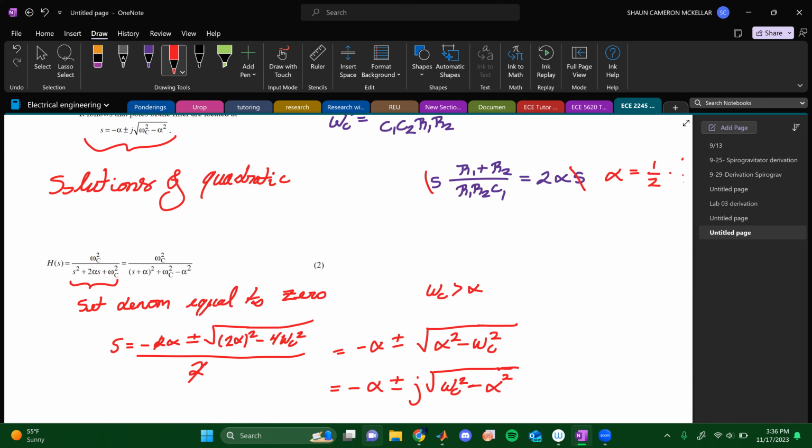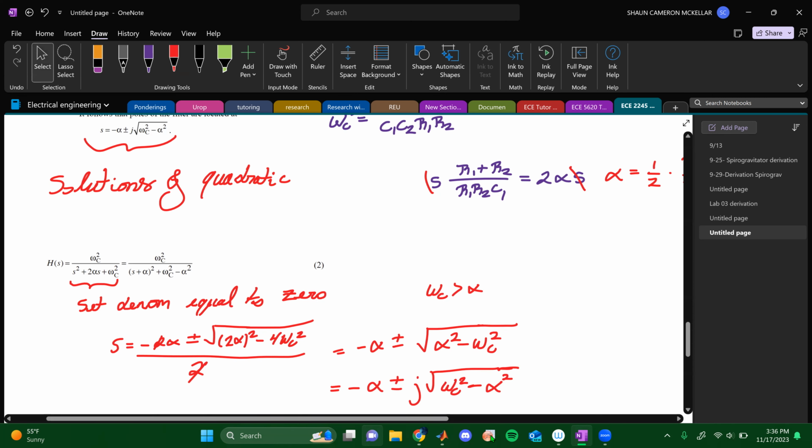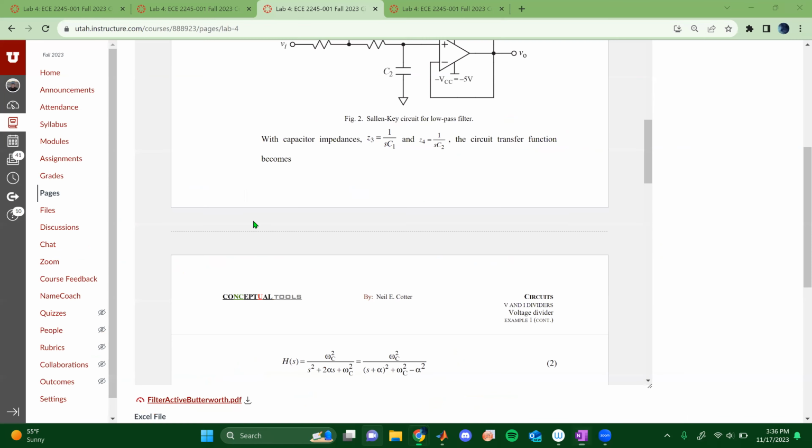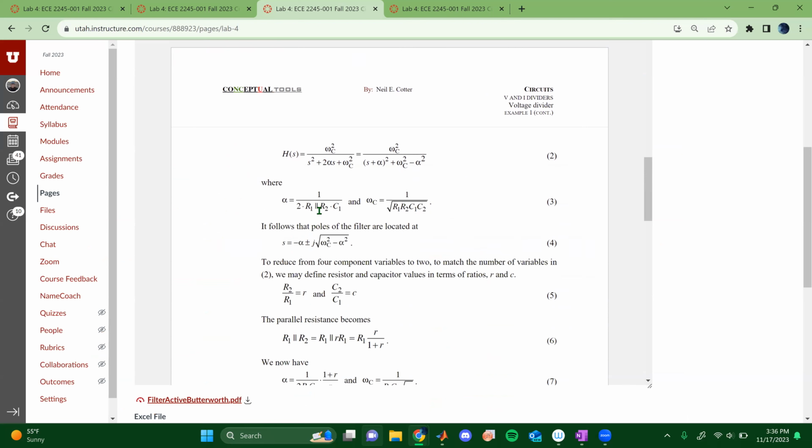Anyways, I'm not going to spend any more time analyzing this, but that's how they were able to say in the document that the poles of the filter are located at the solutions of that quadratic formula. Just to round this out, this document also has the solutions for alpha and omega c in case you forget them. And the big concept here, in my opinion, is the quadratic formula showing up in RLC circuits all the time.